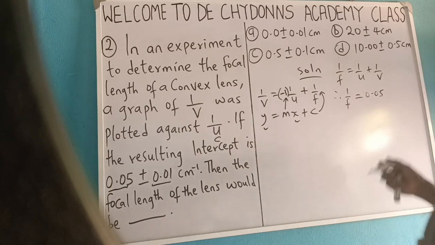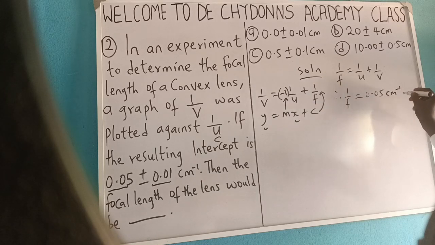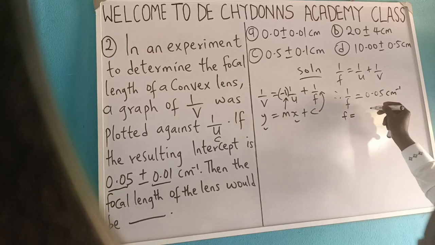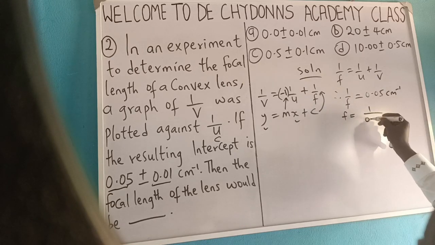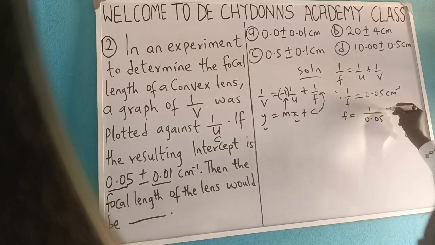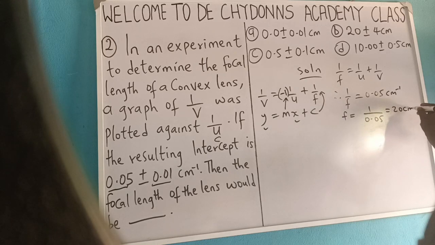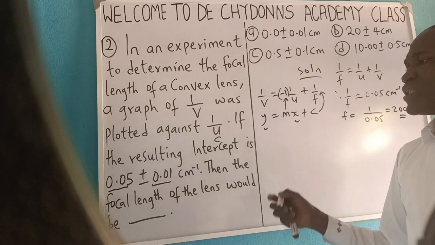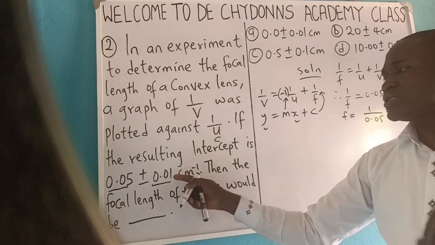Then, to get my f, I will invert this. What is the inverse of 0.05? That is 20 centimeters. I've gotten my focal length. Now, what is the error in getting the intercept?